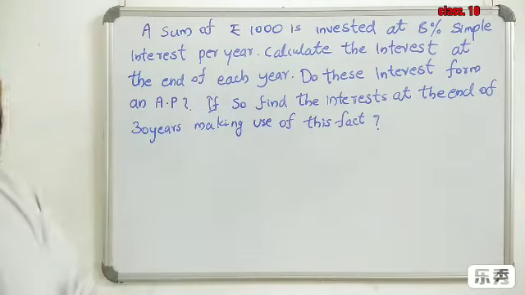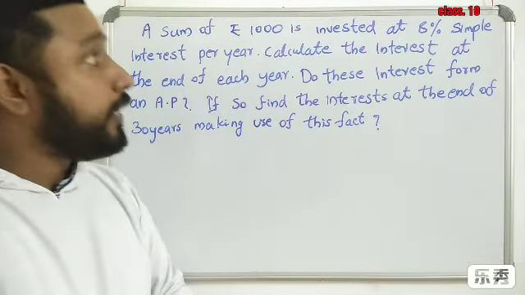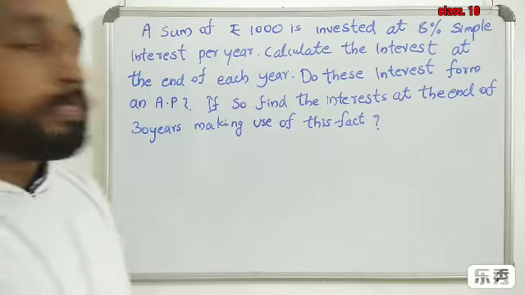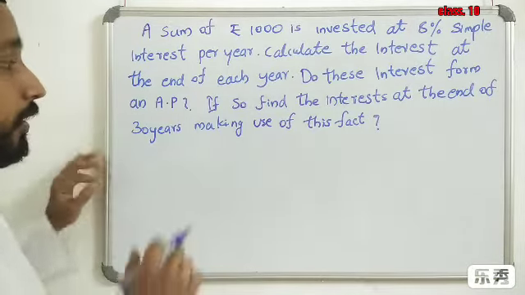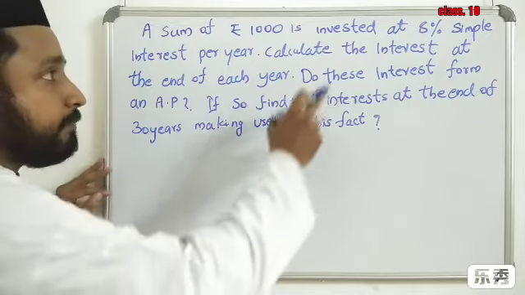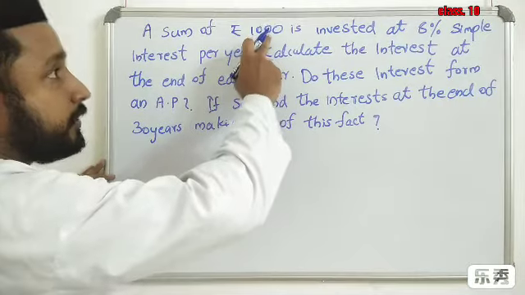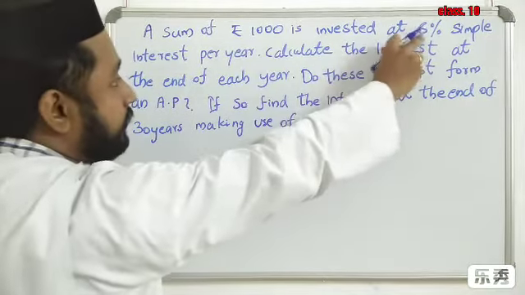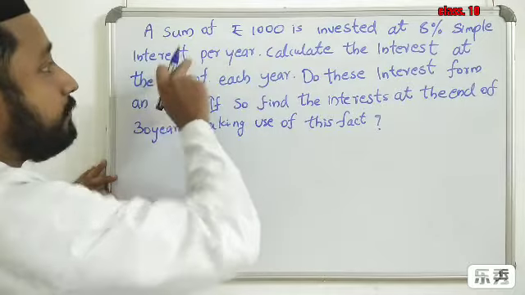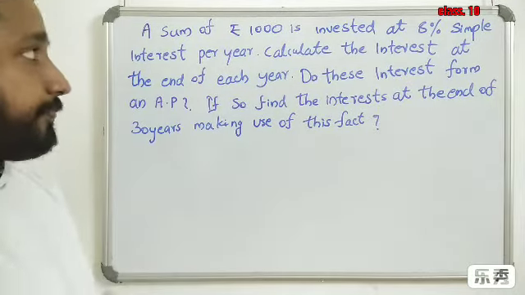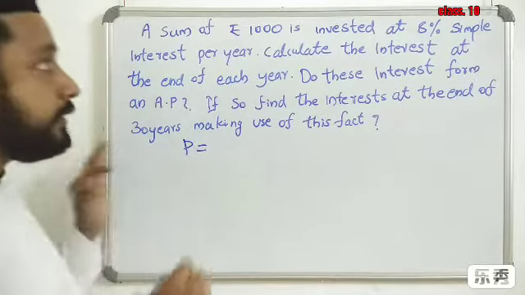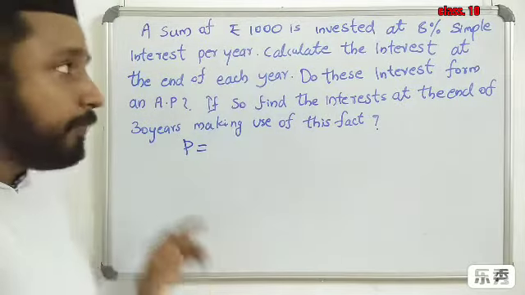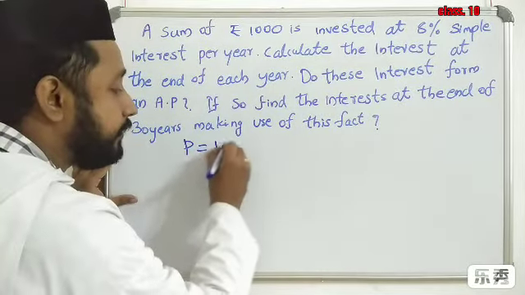So, a sum of rupees 1000 is invested at 8% simple interest per year. We are going to find the simple interest. Principal is rupees 1000, so P is equal to 1000.